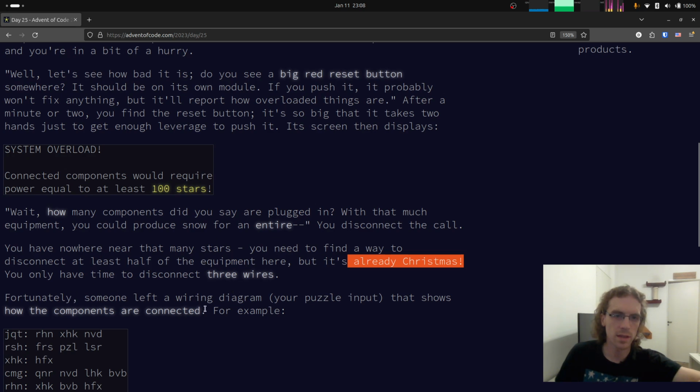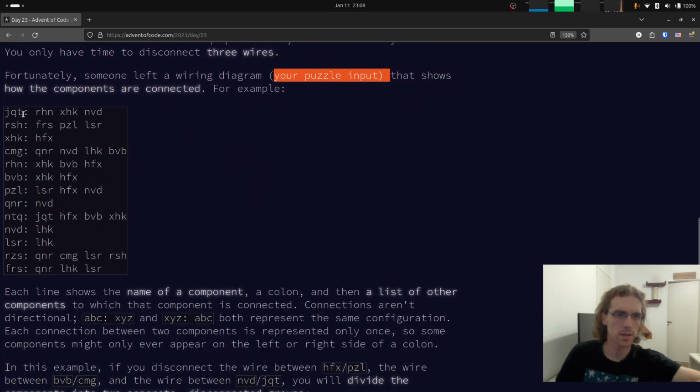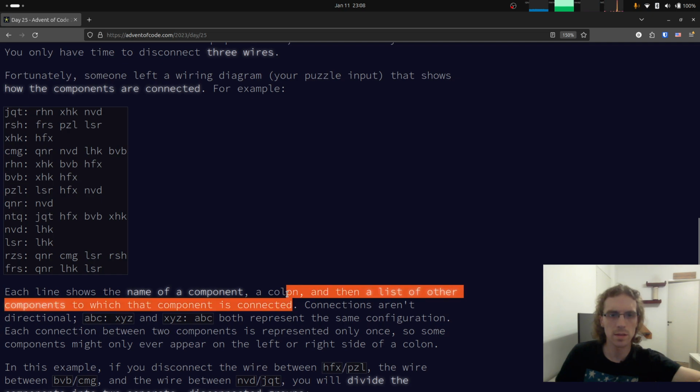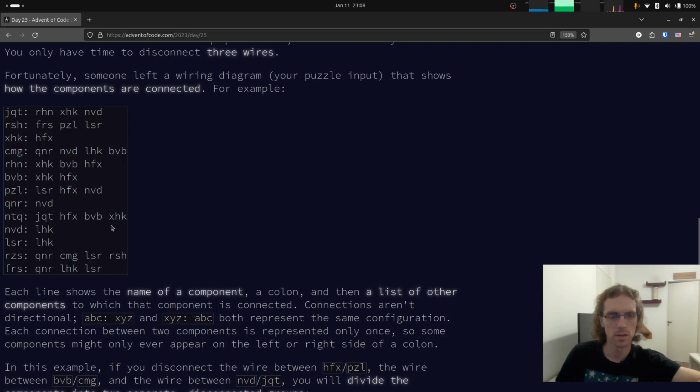fortunately, someone left a wiring diagram, your puzzle input, that shows how the components are connected. For example, this thing. Each line shows the name of a component, a colon, and then a list of other components to which that component is connected. Okay, so this is kind of a graph. It reminds me a lot of the, which day was it?